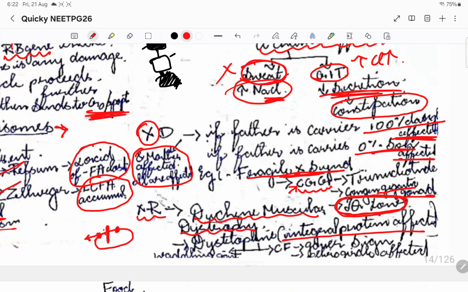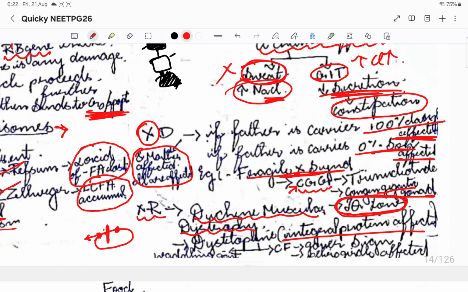If the integral protein dystrophin is defective, then it is Duchenne muscular dystrophy. Mostly it is children who are affected here. In most of these congenital or inherited disorders, the features are seen from childhood itself.